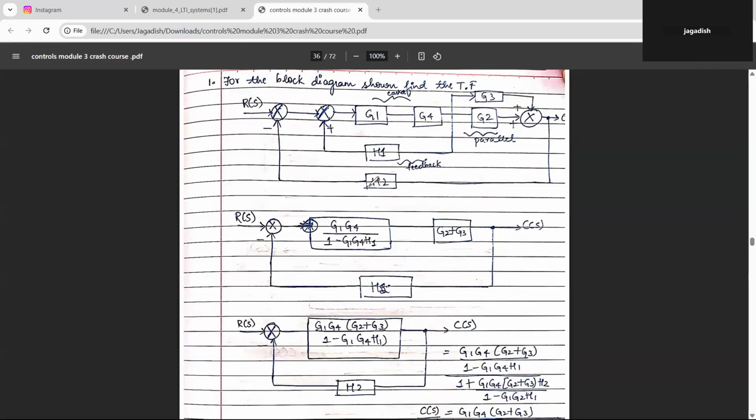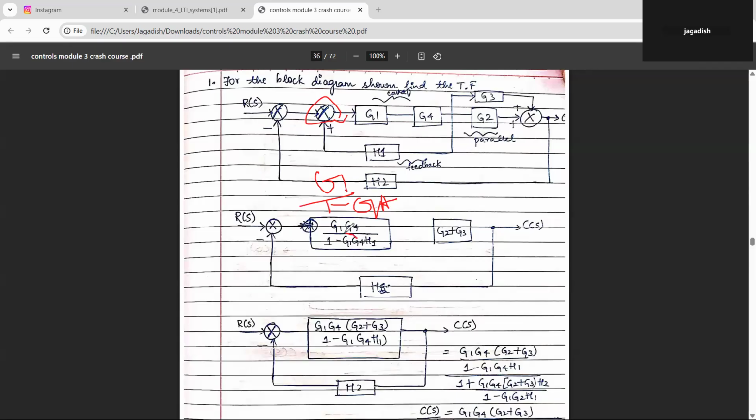So G1, G4 divided by 1 minus G4 into H1. G divided by 1 minus GH is the formula to eliminate the feedback loop. So here, what is G? It is G1 into G4, divided by 1 minus GH. What is G here?